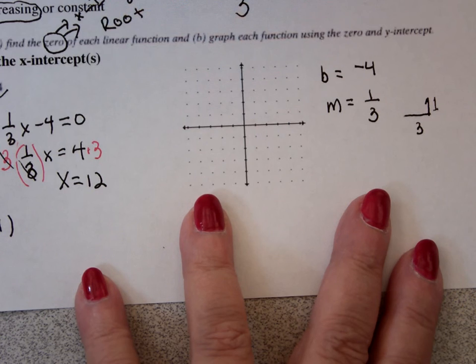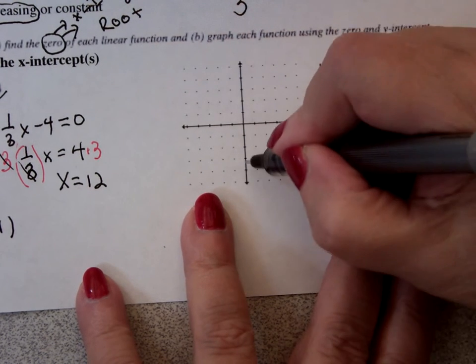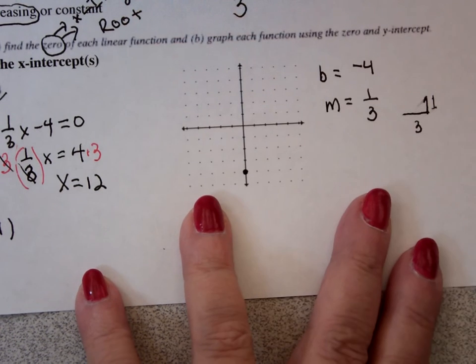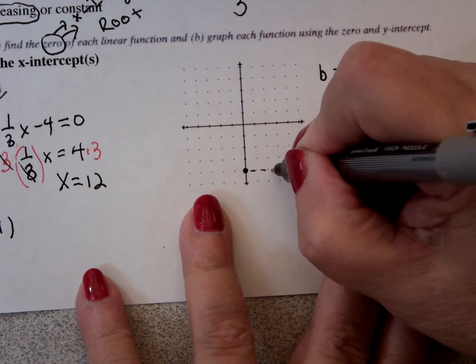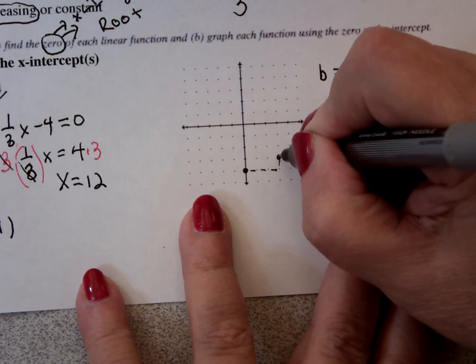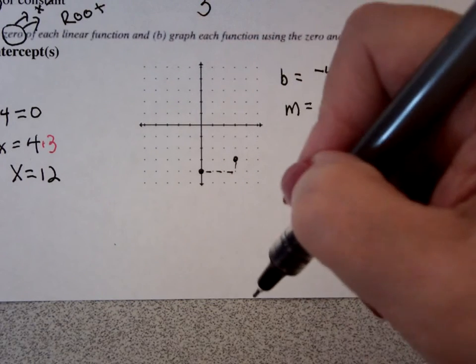Increasing, right? It's going to be going up. So negative 4. Then I'm going to go over 1, 2, 3, up 1. That gives me another point. And then I look for another straight edge.